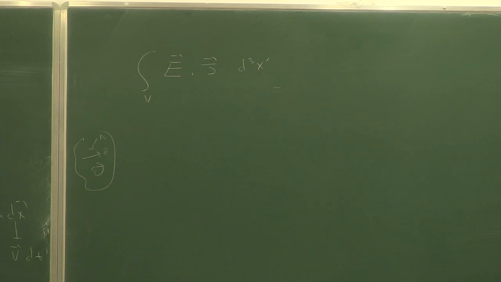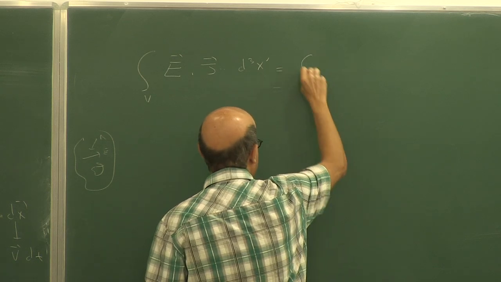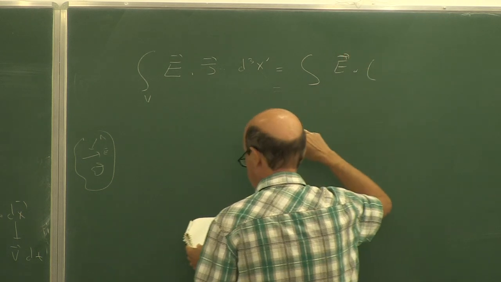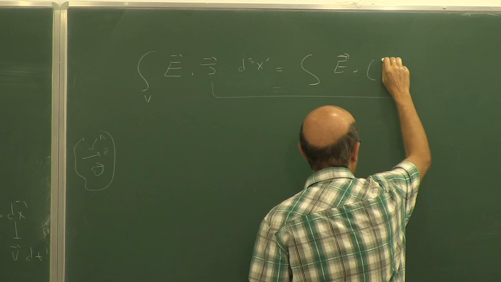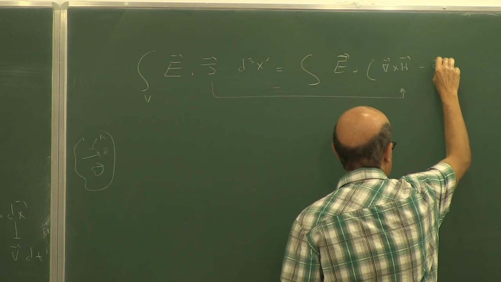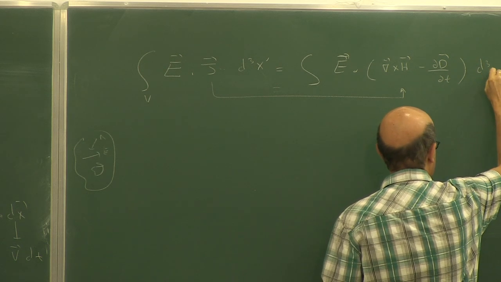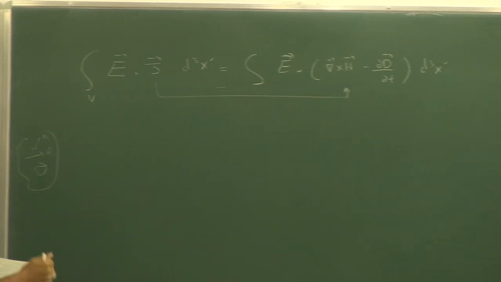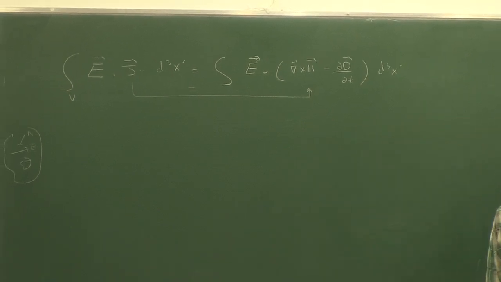Modified Ampere's law. So instead of the current density, you can write E dot curl of H minus del D over del t, integrated through the volume. And now we will make a slight modification.